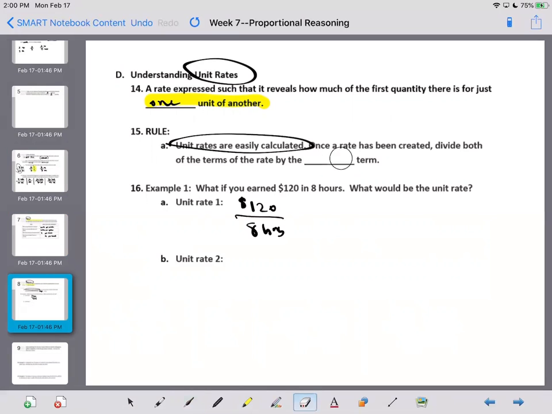I said that wrong, it's by the bottom term. So I'll back up. Once a rate has been created, divide both terms by the bottom term. When you have $120 in 8 hours, you're trying to figure out what that would be in 1 hour.